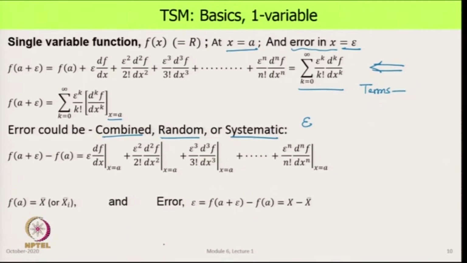Now, what we do is to calculate error in the result, we bring this f a to the left side and say f of a plus epsilon minus f a, this is equal to all of this, and so on the right side we only have terms which have derivatives. All evaluated at x equal to a.